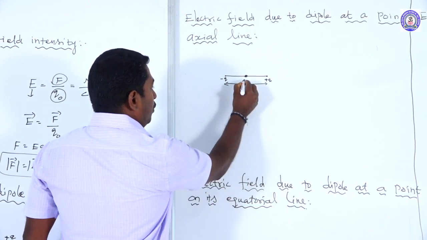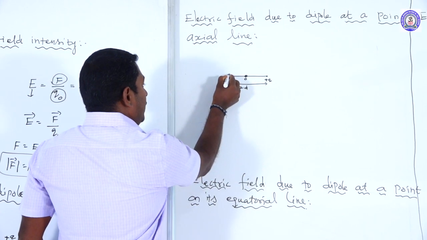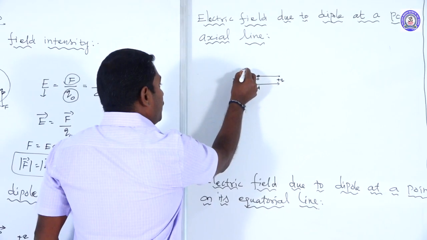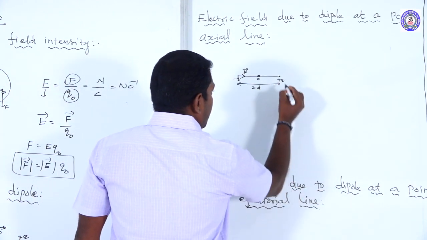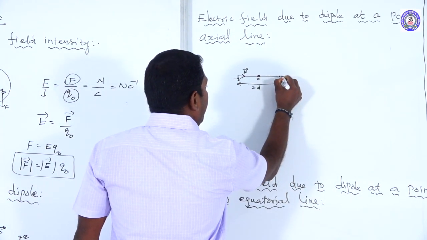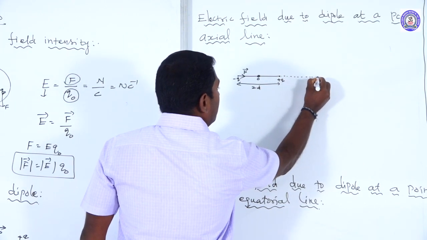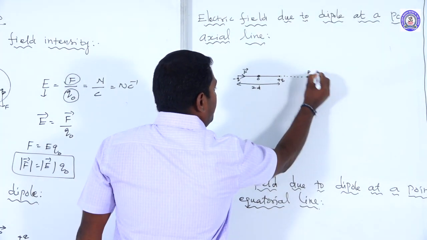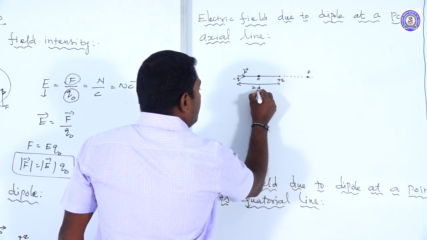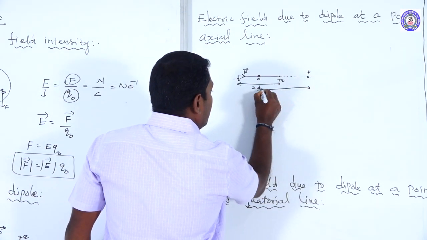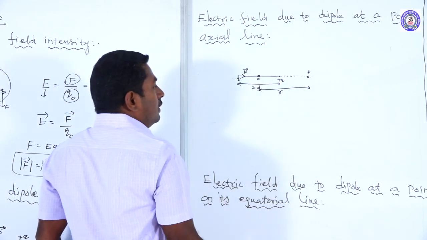Midpoint of the electric dipole is O. The direction of dipole moment acts from minus Q charge to plus Q charge. Let us consider one point P on the axial line of the electric dipole. The distance of the point P from the midpoint of the electric dipole is R.